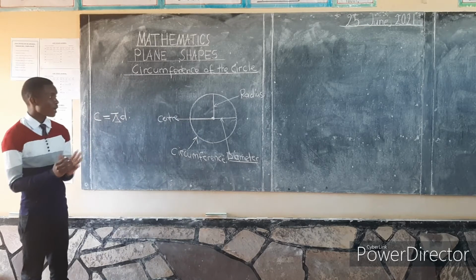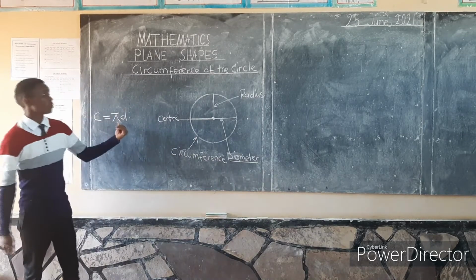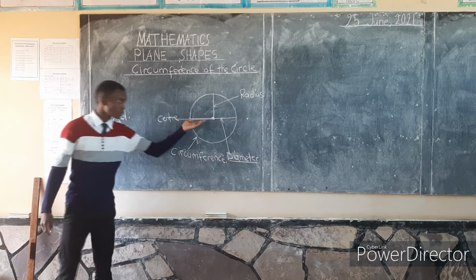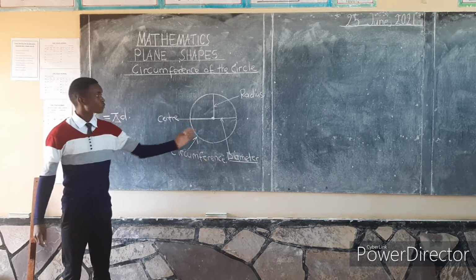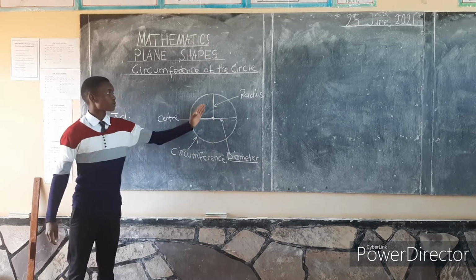So, no matter how big or small the circle is, we can calculate it using this formula. You can take advantage of the diameter to find out the circumference, the total distance around the circle.